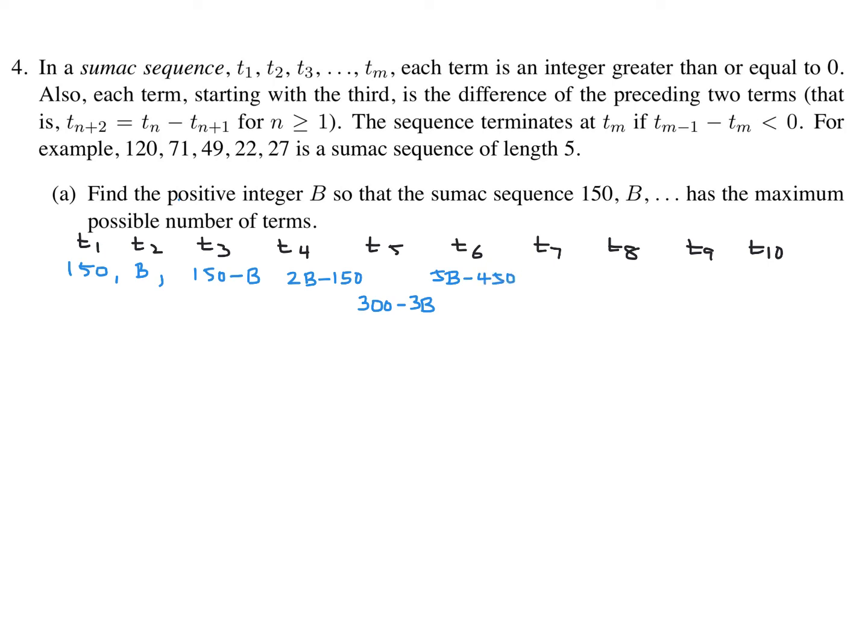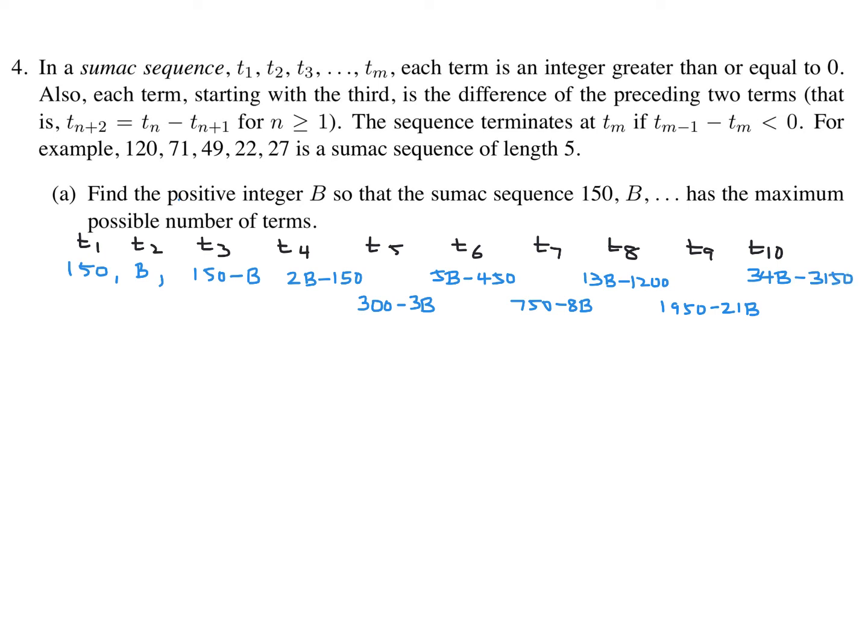T7 is 750 minus 8B. T8 is 13B minus 1200. T9 is 1950 minus 21B. And T10 is 34B minus 3150. Okay, so this is a pretty good start.